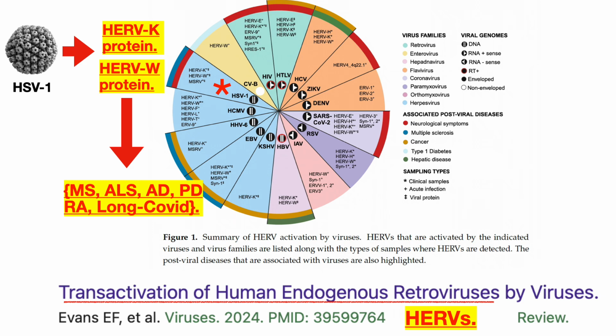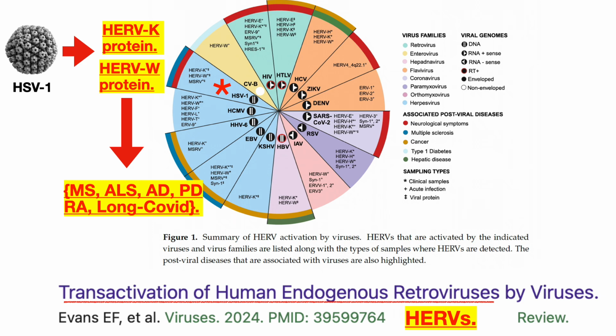Reading the figure caption, summary of HERV activation by viruses. Human endogenous retroviruses that are activated by the indicated viruses and virus families are listed along with the types of samples where HERVs are detected. The post-viral diseases that are associated with the viruses are also highlighted.